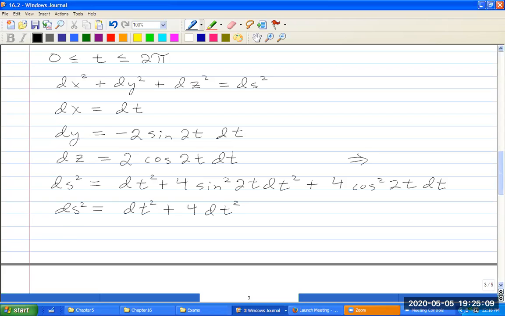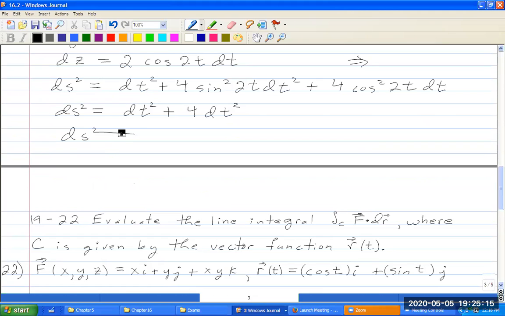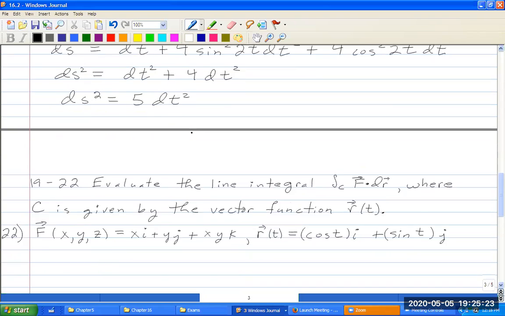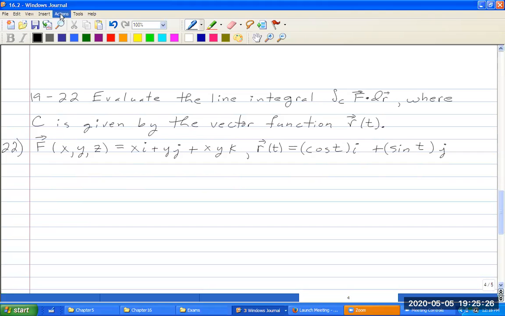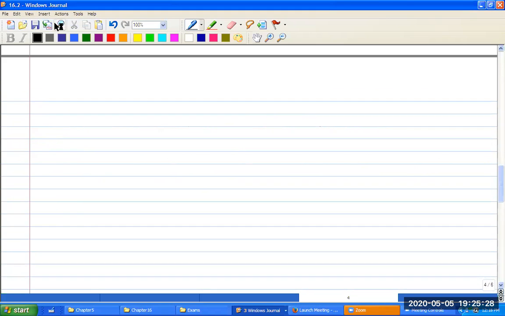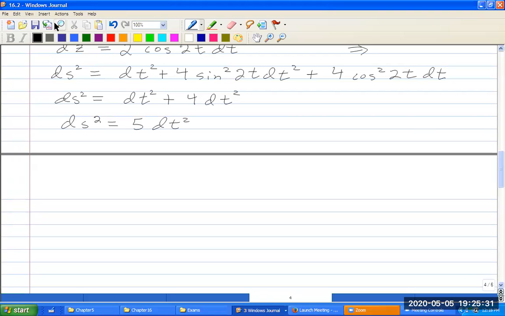And so this just becomes 5 dt squared. And so I have that ds is just equal to root 5 dt. Okay, good.